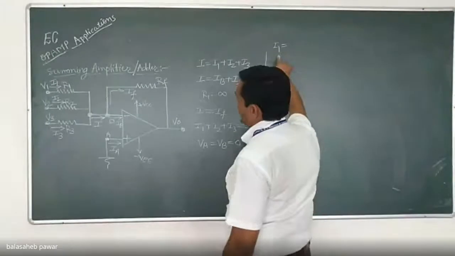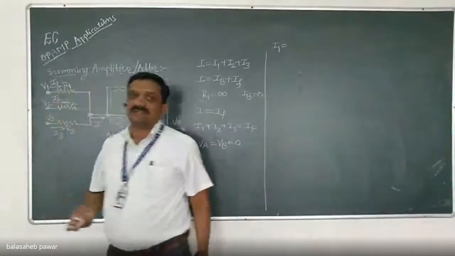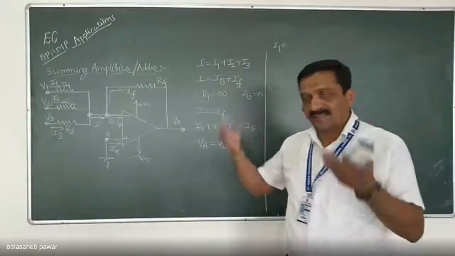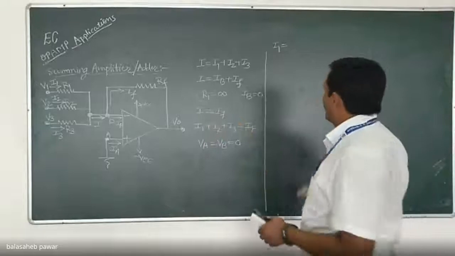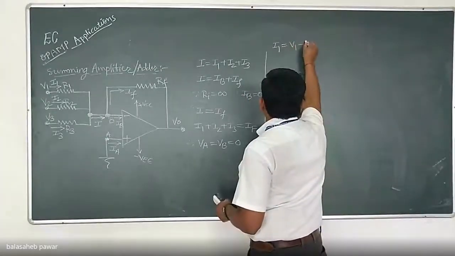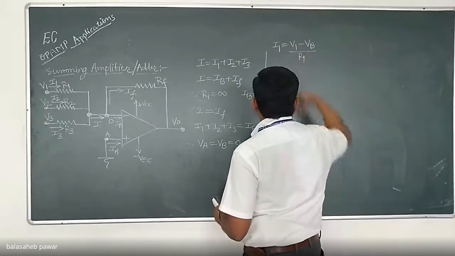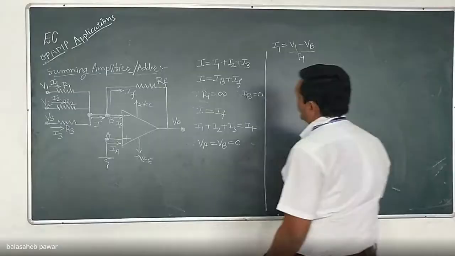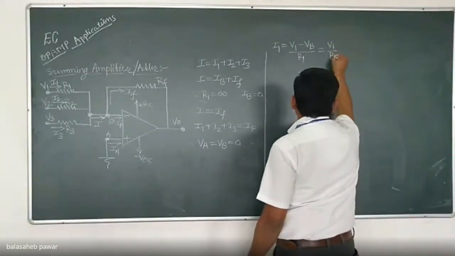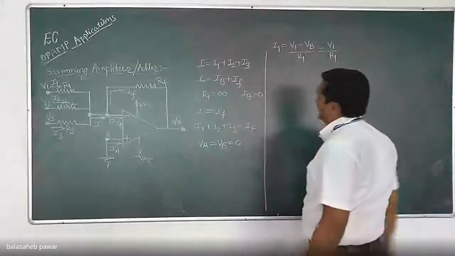I1 is the current flowing through R1, so we consider the potential difference across R1 divided by the resistance of that resistor. So I1 equals V1 minus VB divided by R1, and that equals V1 by R1 only, and VB equals 0 by the virtual ground concept.